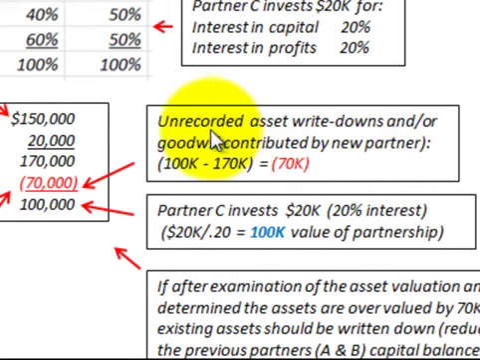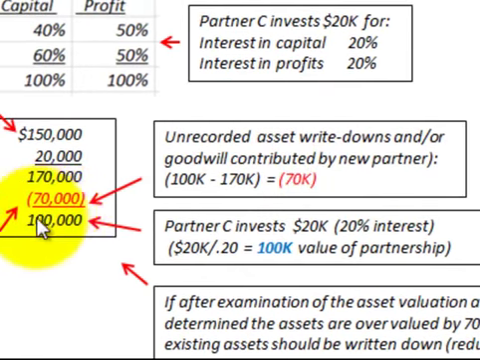But we're going to be looking at an unrecorded asset write-down where the assets are actually overvalued and they have to be reduced. So looking at our total implied fair value of $100,000 and subtracting the total capital of $170,000 gives us this $70,000 that we have to write down for this example.